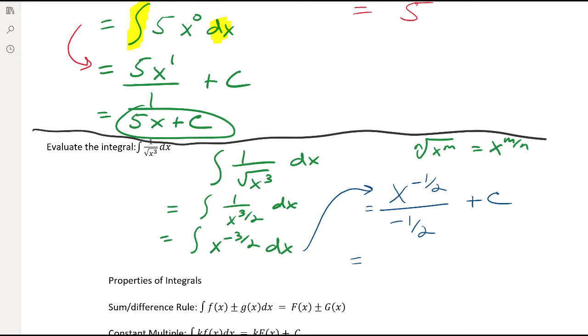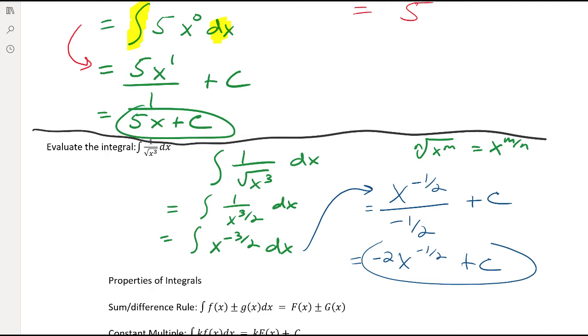Right? Keep, change, flip, right? So I'm going to keep my numerator the same. I'm going to change my division to multiplication, and I'm going to flip, aka take the reciprocal of my denominator. So the reciprocal of a negative 1 over 2 is a negative 2 over 1, which I'm going to write just as a negative 2.